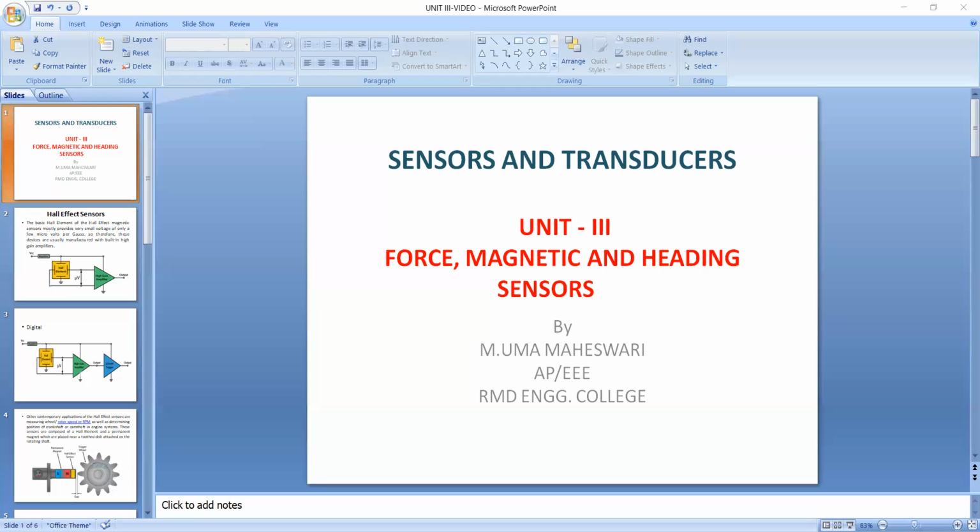Let us have a discussion of the construction of the Hall effect sensor. It consists of a thin piece of rectangular P-type semiconductor material. The material may be gallium arsenide, indium antimonide, or indium arsenide, and the device is placed within a magnetic field such that the magnetic flux lines exert a force on this semiconductor material, which deflects the charges, electrons and holes, to either side of the semiconductor slab.